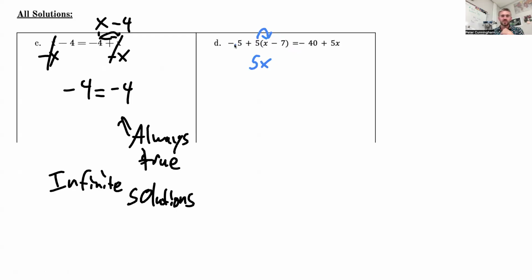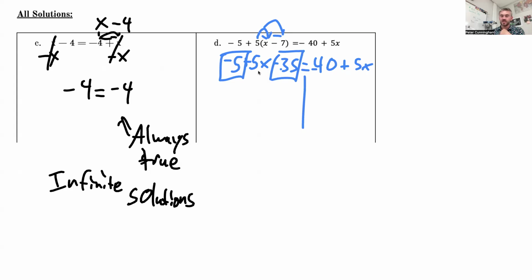Thing I always forget to do is rewrite that -5. 5 times -7, -35, plus -40 plus 5x. So I can already see I've got 5x on both sides. When I put these like terms together on the left-hand side of the equation, -35, -5, they come together to make -40.